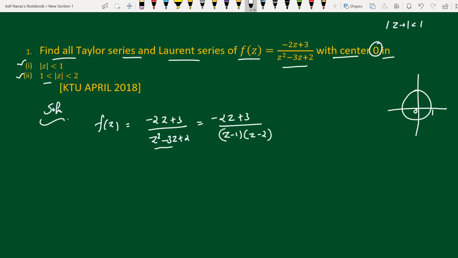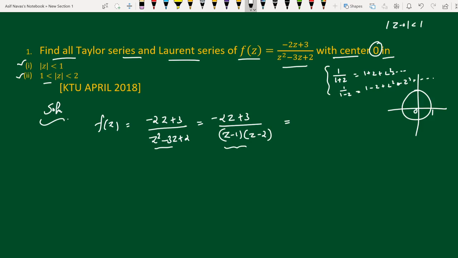So, how to do Laurent series expansion? We will use the known Maclaurin series expansions: 1 by 1 plus z is 1 minus z plus z square minus etc., and 1 by 1 minus z is 1 plus z plus z square plus z cube plus etc.